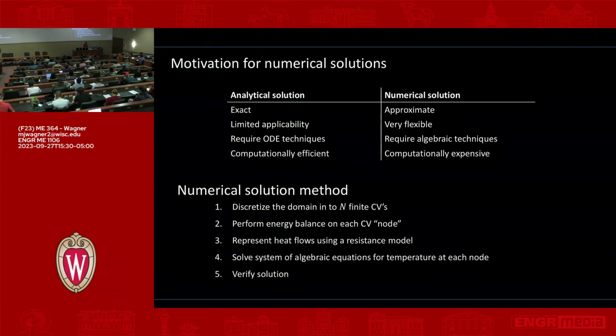It's very flexible. Analytical requires ODE techniques. Numerical requires algebraic techniques. So we will be developing basically resistance models. Right? You can never get away from the resistance concept. You're going to be developing resistance models that relate heat transfer between nodes. And that's basically the bulk of the technique.